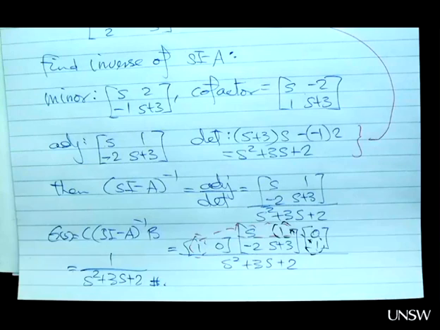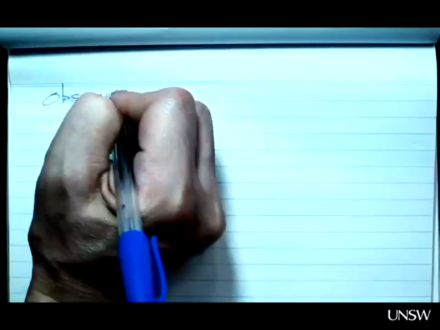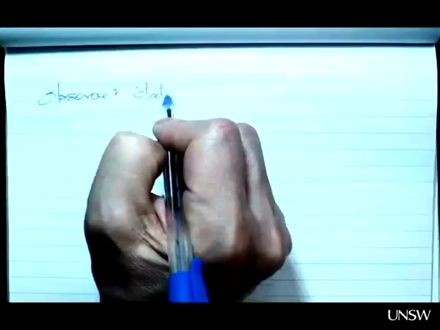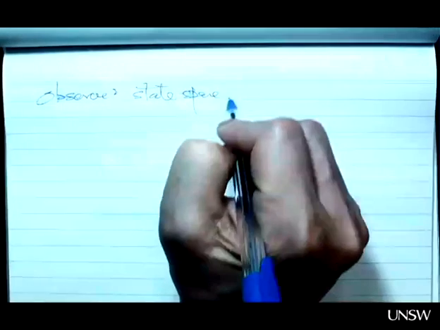So what we can see from this example is that we have an observation: a state space equation is related or equivalent to the transfer function.